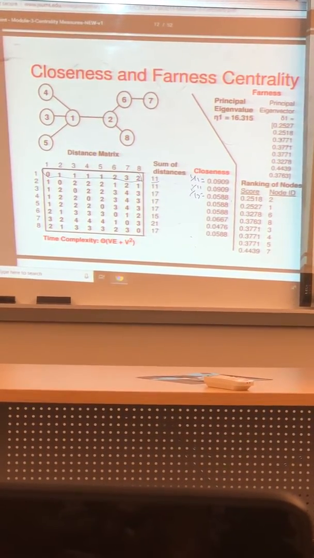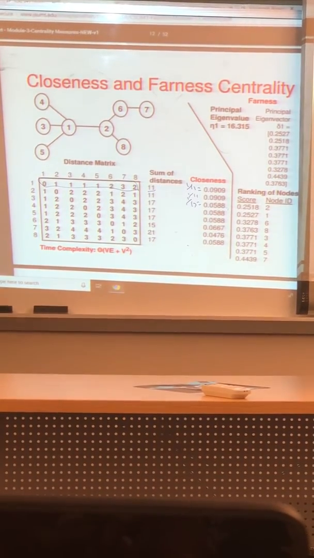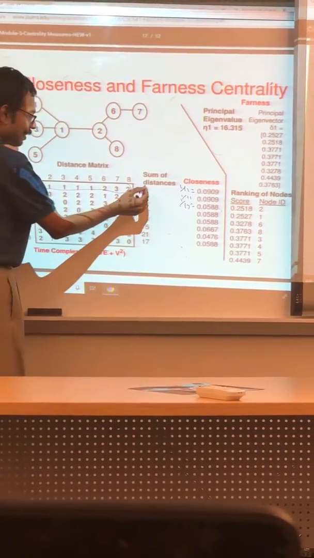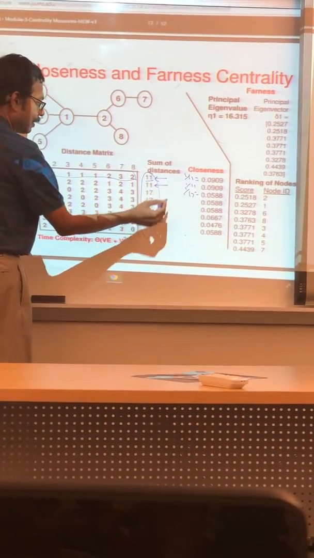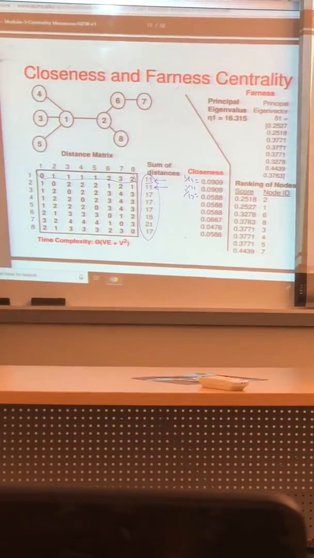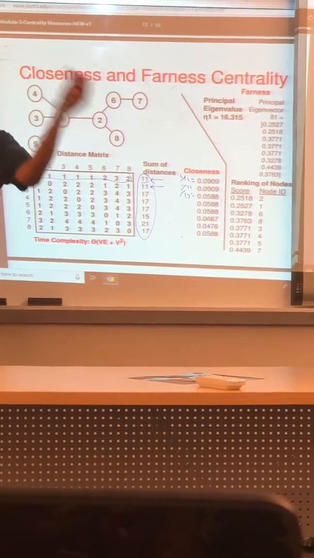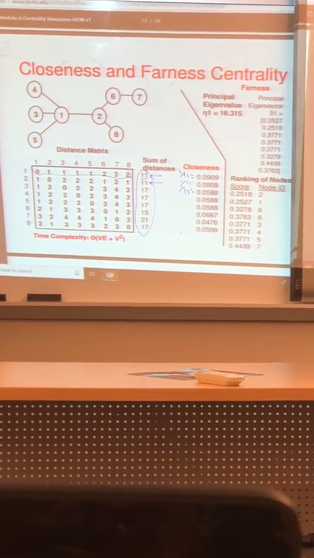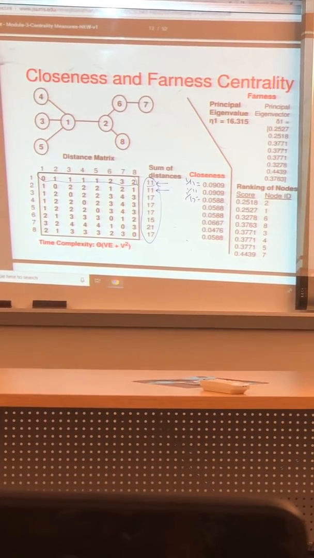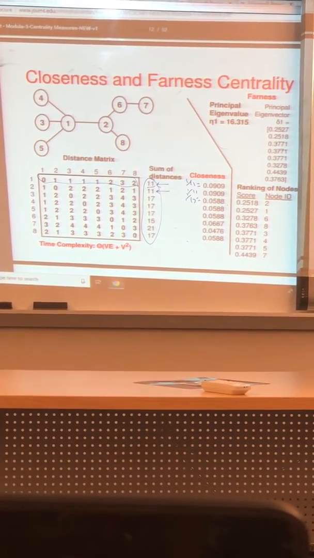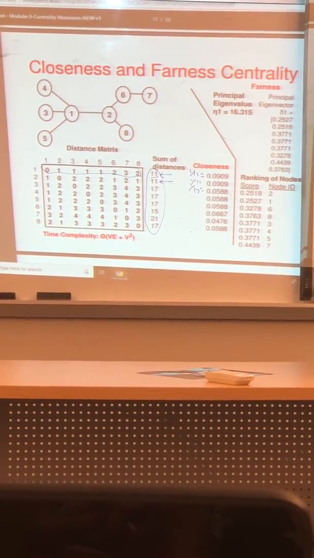Okay? So why? When you just look at the sum of the distances, the smaller the sum, that's better, right? Because that means a vertex is closer to the other vertices overall. But throughout this module, we will maintain the convention: the larger the centrality value for the vertex, the higher the rank, or the more important the vertex is.